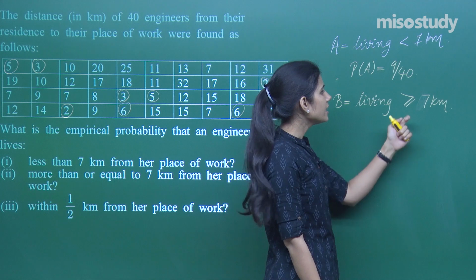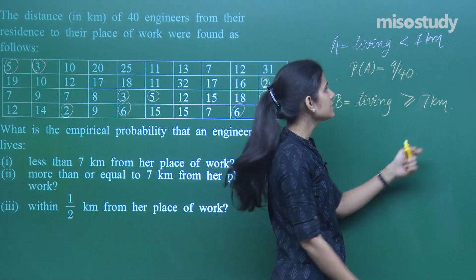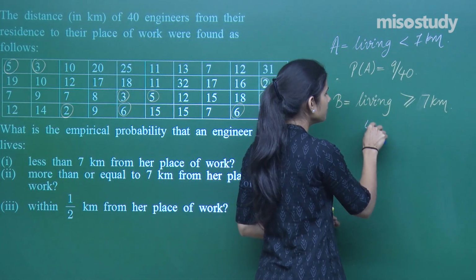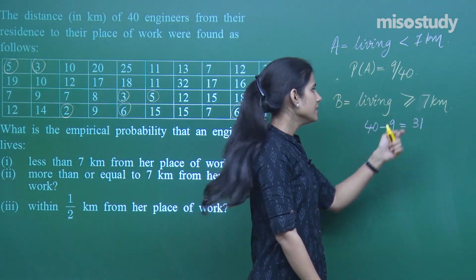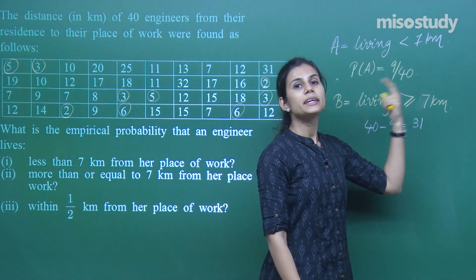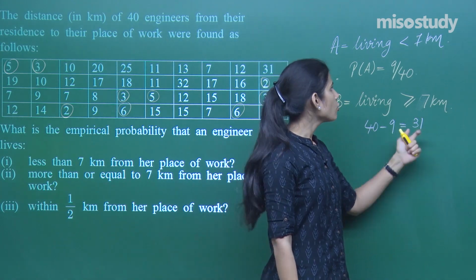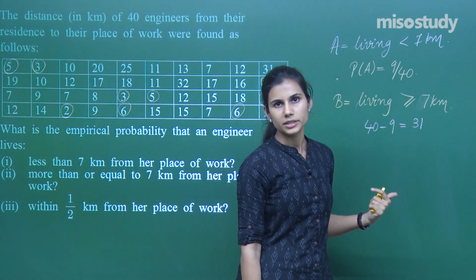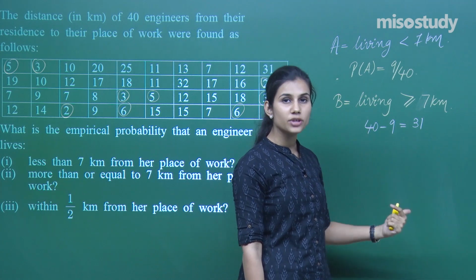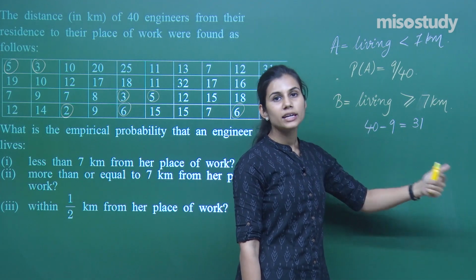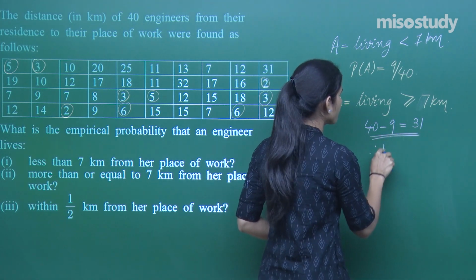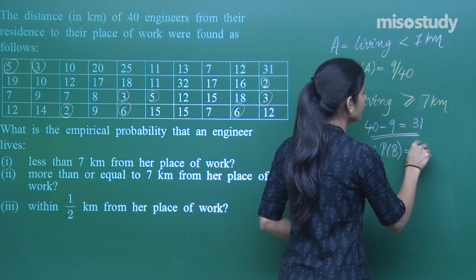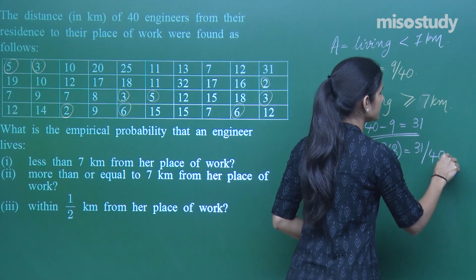How many engineers are living greater than or equal to 7 kilometers? 40 minus 9, that is 31 engineers are living either 7 kilometers away or greater than 7 kilometers away, because only 9 are living less than 7 kilometers away. And therefore probability of B is 31 upon 40.